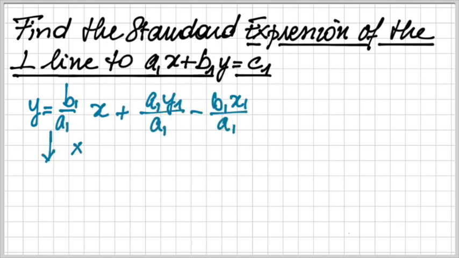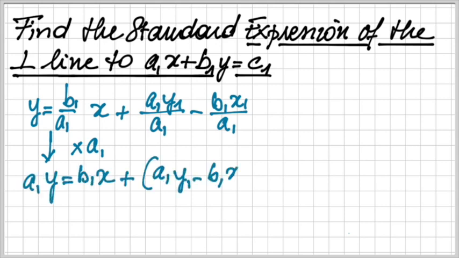So we have the new equation when all is on the same denominator, and now we multiply with a1 and we find a1y on the left-hand side is b1x plus a1y1 minus b1x1.